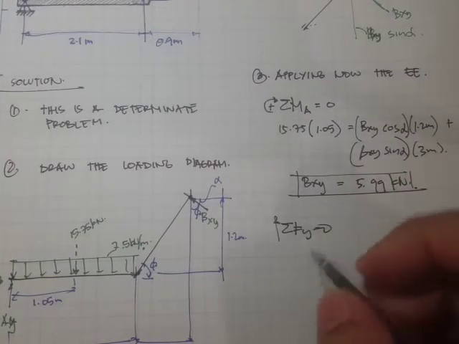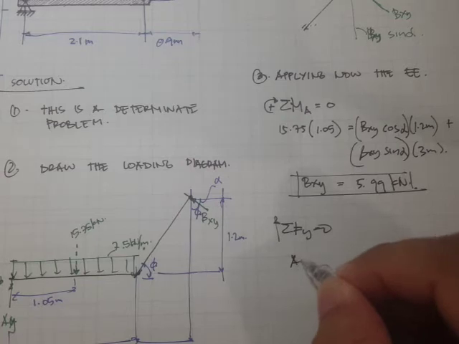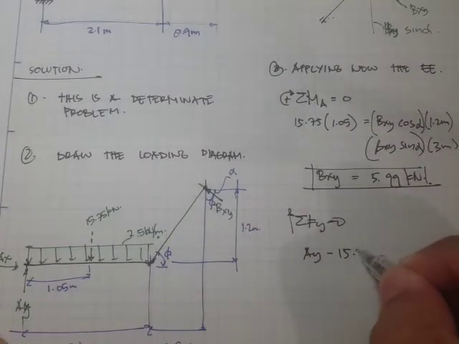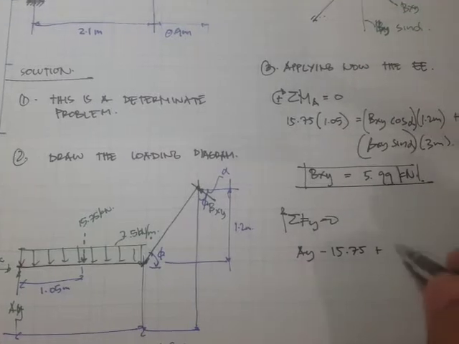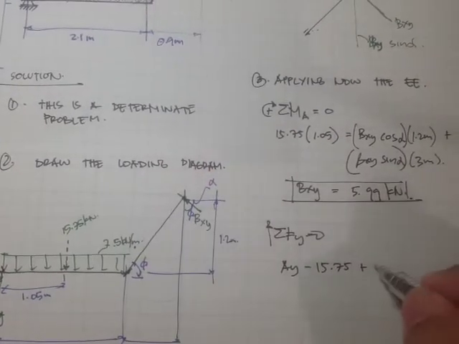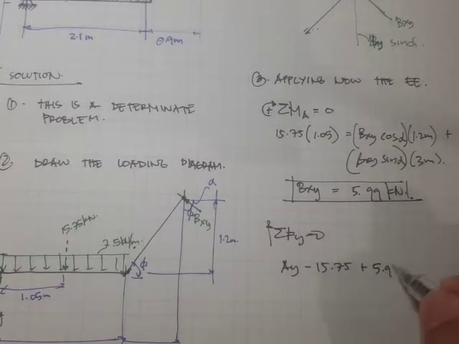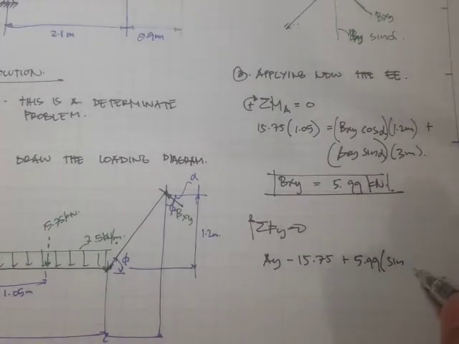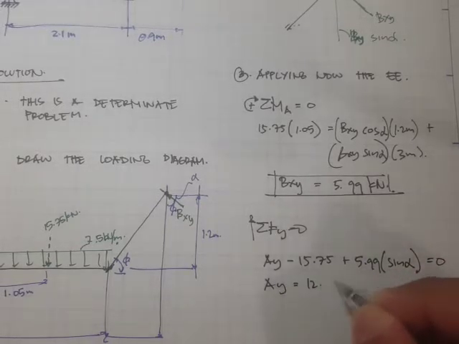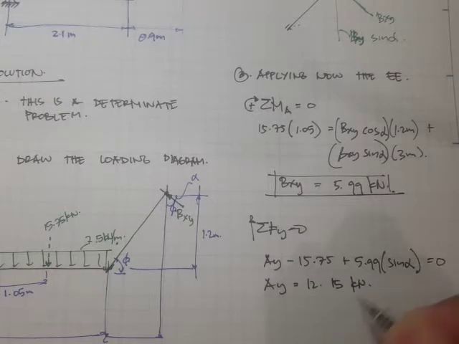So Ay minus 15.75 plus B sine alpha, which is 5.99 sine alpha, is equal to 0. What you'll get is 12.15 kilonewtons.